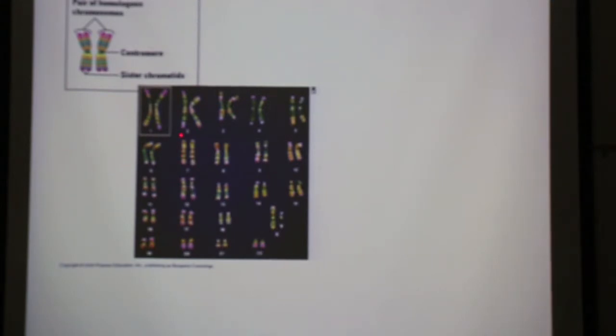So you have your chromosome 1s and 2s and 3s, and those are homologous chromosomes. If you are a male and you have an X chromosome and a Y chromosome, those are called your sex chromosomes. Those chromosomes are not homologous because the Y is quite different than the X. The Y is a very small chromosome and has relatively few genes on it compared to the X.